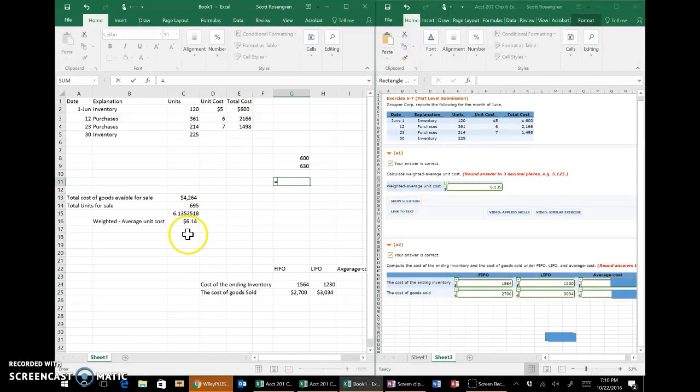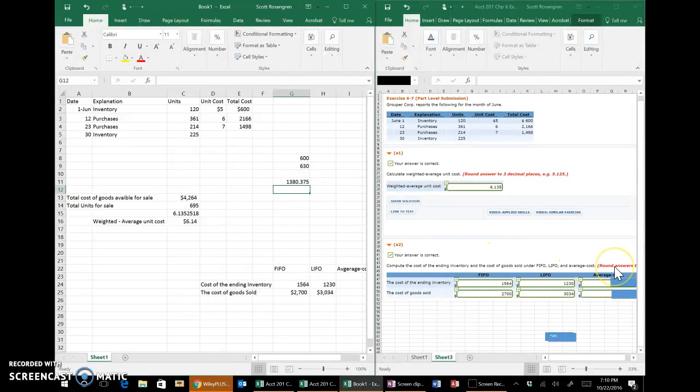So this number here, which we know is 6.135, times that by the number of units in our ending inventory, which is 225. And that will get us 1,380.